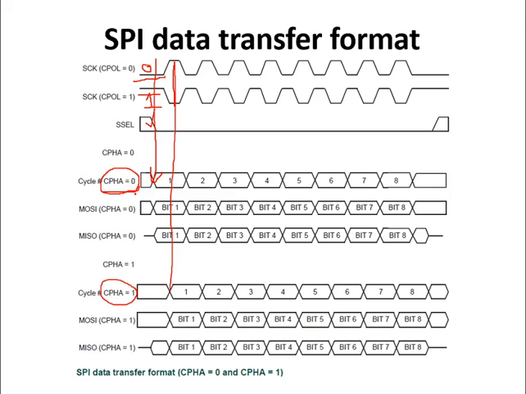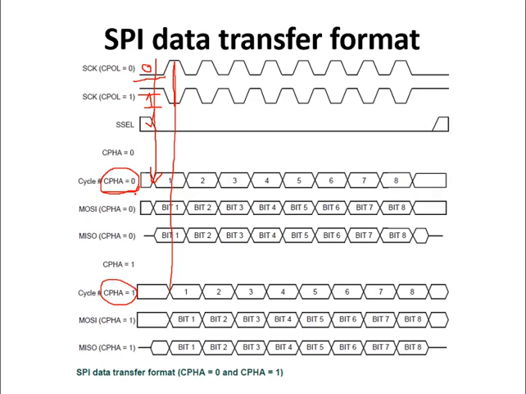There are two things: clock polarity and clock phase. Clock polarity will decide the steady state of the clock, whether the clock will be high or low when you are not transmitting data. That is decided by the CPOL signal.